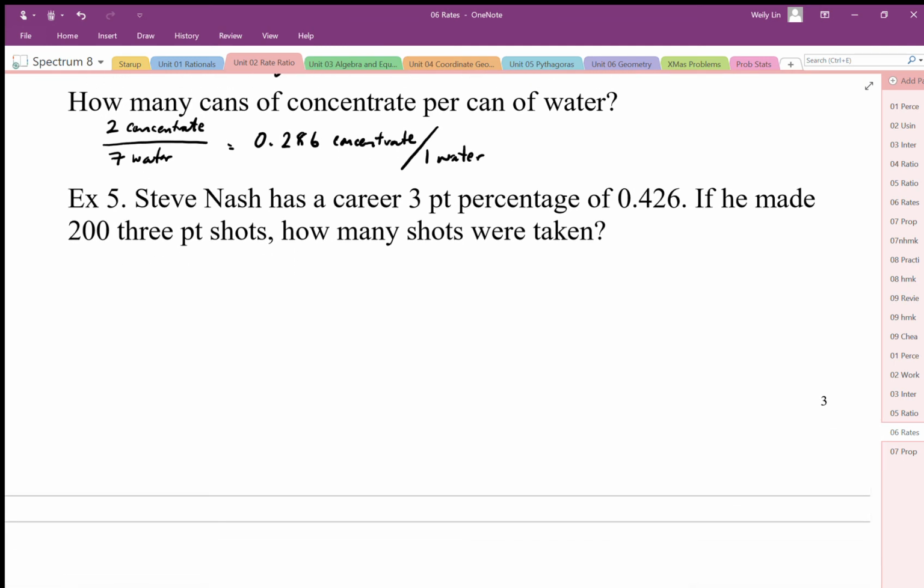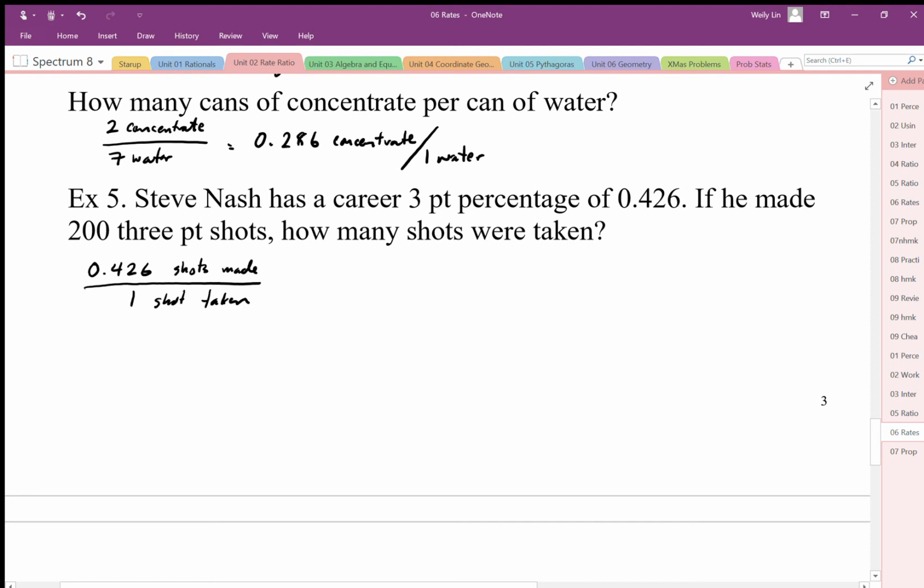So Steve Nash, he has a career 3-point percentage of 0.426. So this is a unit rate: 0.426 is the shots made for every 1 shot taken. Okay, so this is our unit rate.